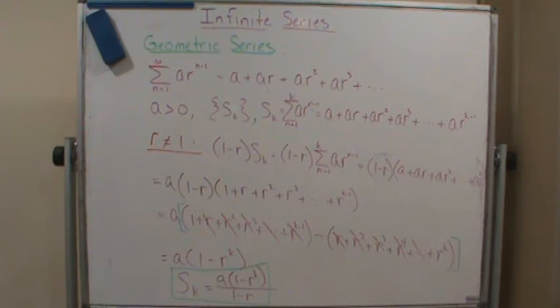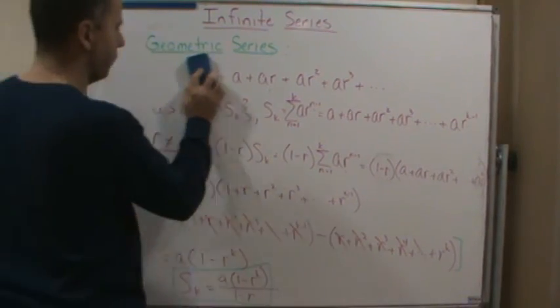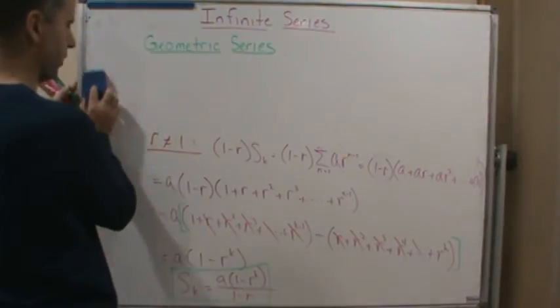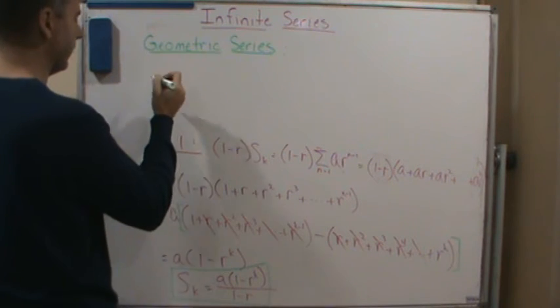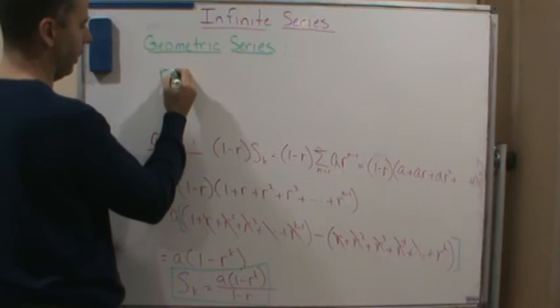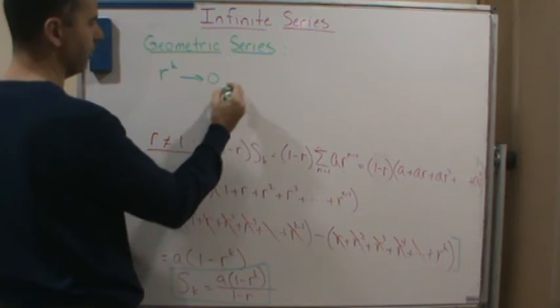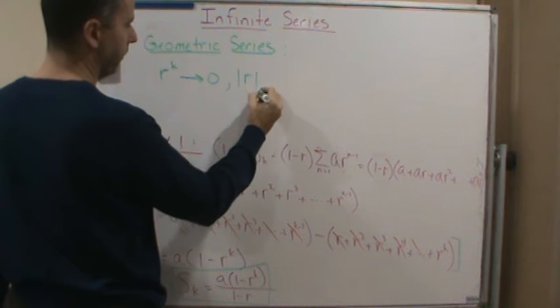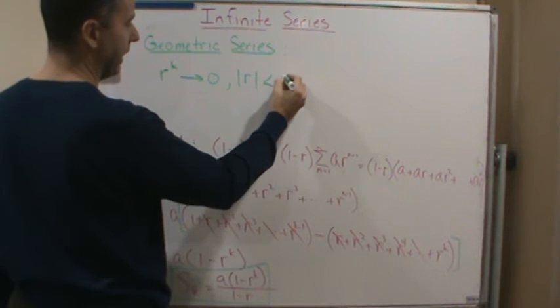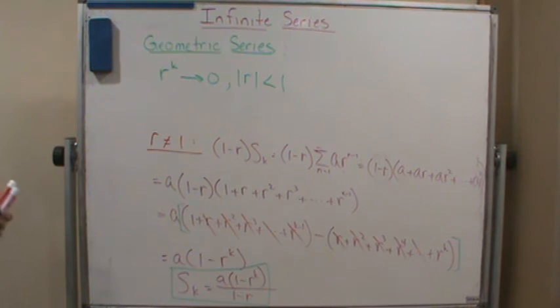So what happens to geometric sequences when r to the k approaches 0? So let's go back to our discussion of geometric sequences, r to the k, right? So we know that r to the k approaches 0 when the absolute value of r is what? Less than 1. Okay?